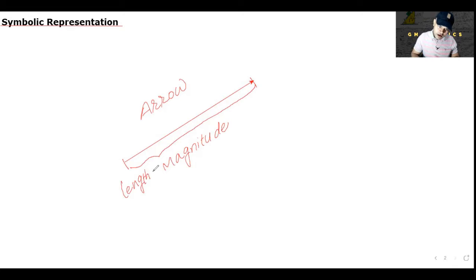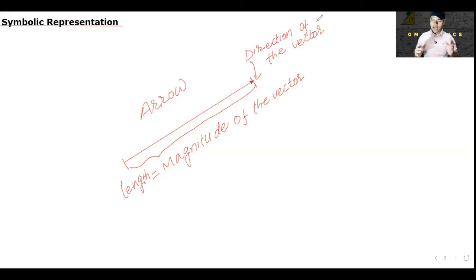The length of the arrow represents the magnitude of the vector, right? And the orientation of the arrow, or the direction of this arrowhead, represents the direction of the vector. The length of the arrow is used to represent the magnitude of the vector, and the direction of the arrowhead or the orientation of that arrow shows the direction of the vector.